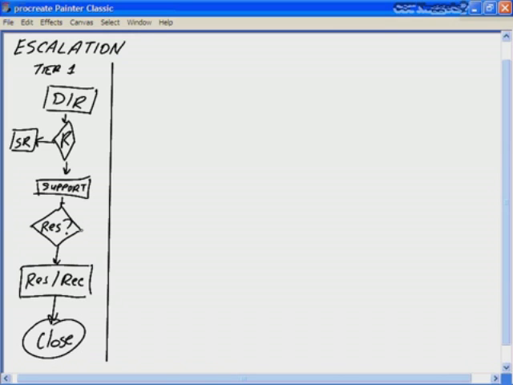Now what if we were not able to resolve the issue here at Tier 1? That's where escalation comes in. Escalation means we're going to go to Tier 2, or second line support. As I'll explain in a second, this escalation could be a horizontal escalation or a vertical escalation.